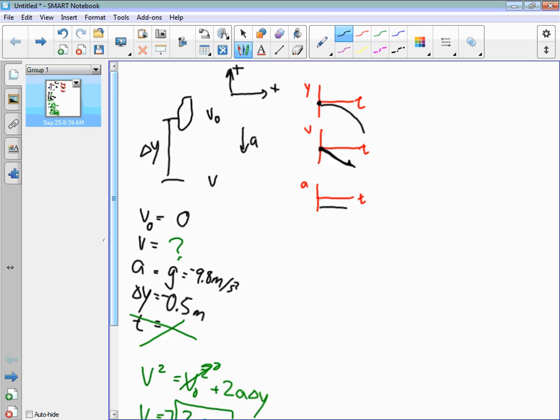If we were to take the slope of this, you'd see that the slope here starts out at 0, and then it's getting bigger and bigger. Okay, it's negative, but the slope itself is getting larger, just like the velocity is negative and getting larger.